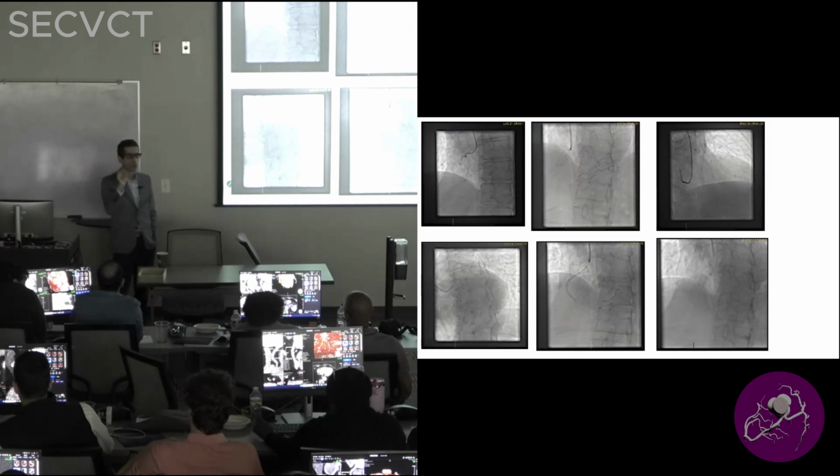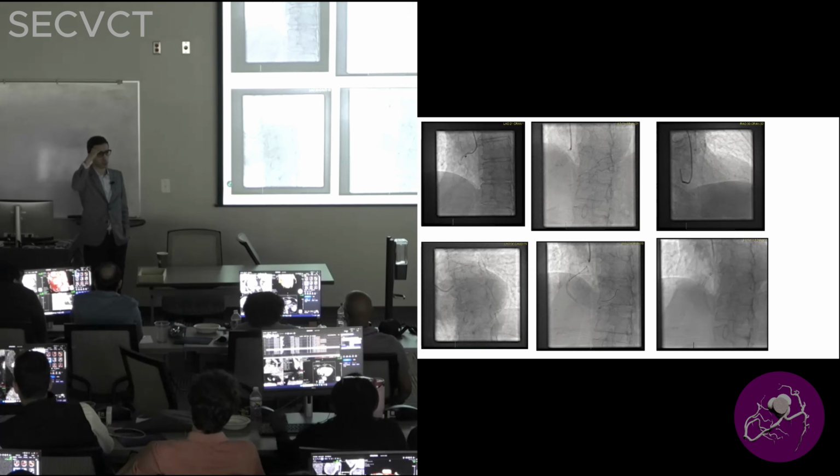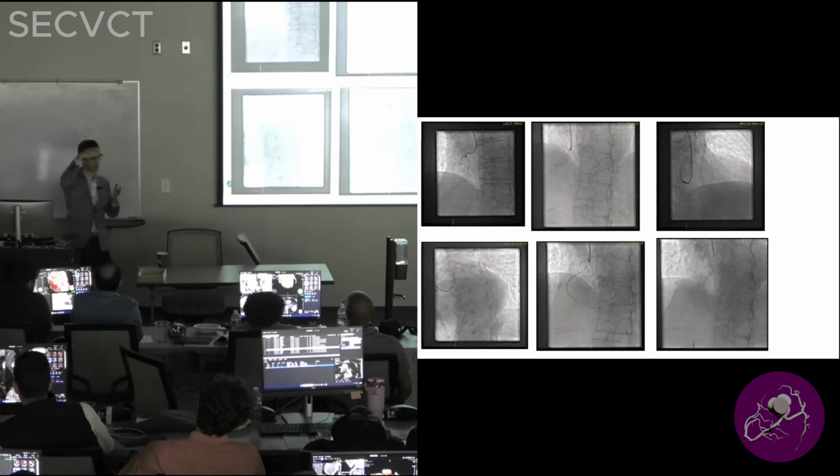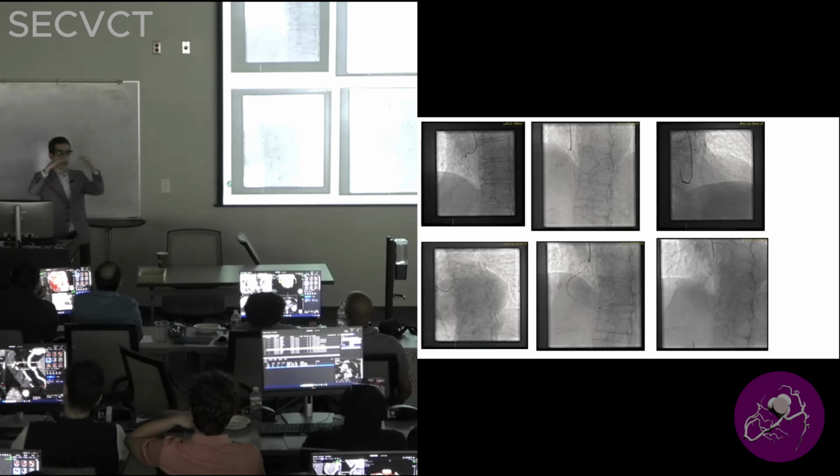So the CT-FFR relies on a few concepts. One, especially if you scan prospectively: the way it acquires is step and shoot, right? There will be one chunk of data, and then the table will move, you get the next one, and the next one. So the way we train our trainees and technologists, when you plan it, you don't go too high.